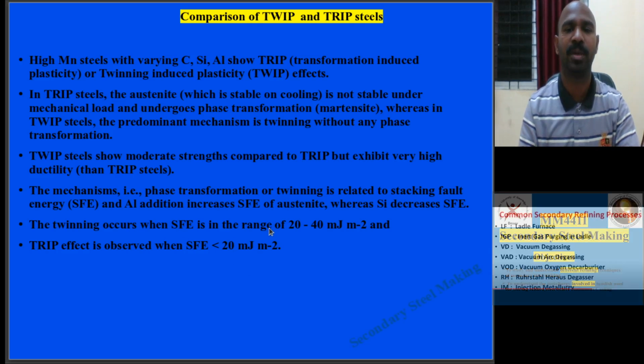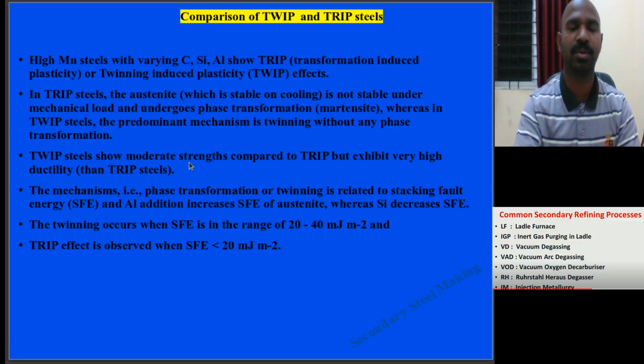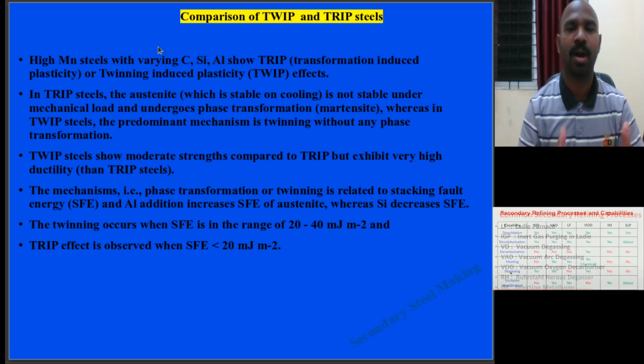So that means stacking fault energy is higher in the TWIP steels, and the strengths are moderate compared to the TRIP steel. These are the comparative points.